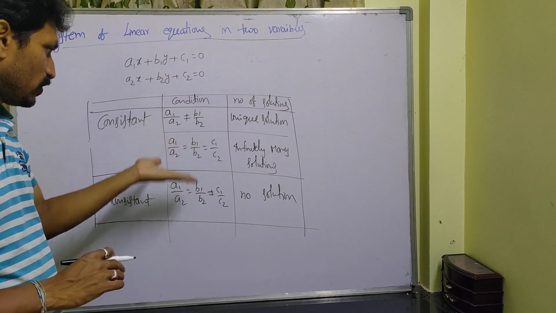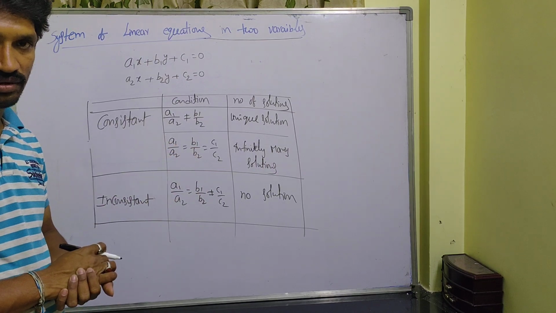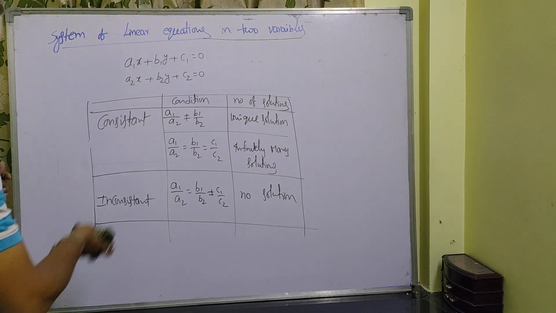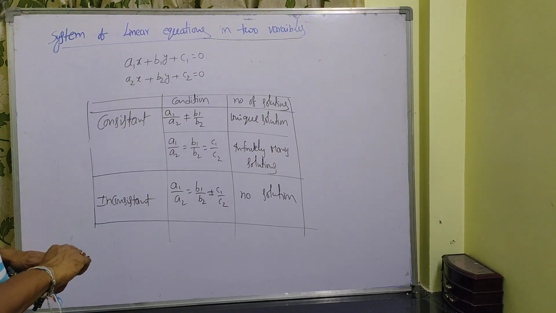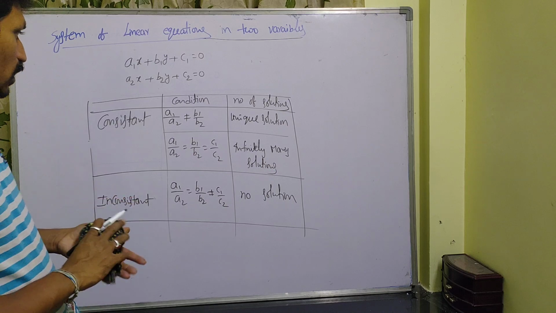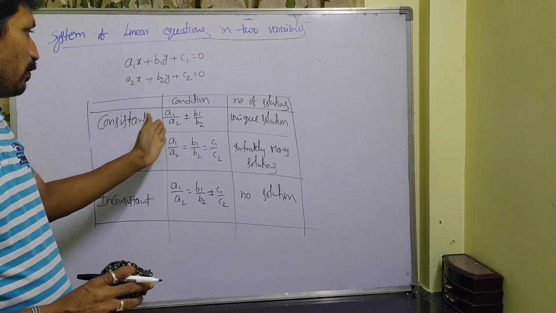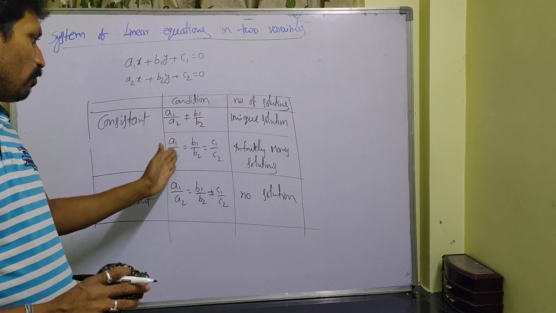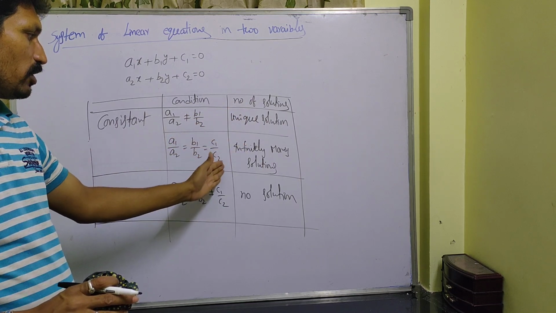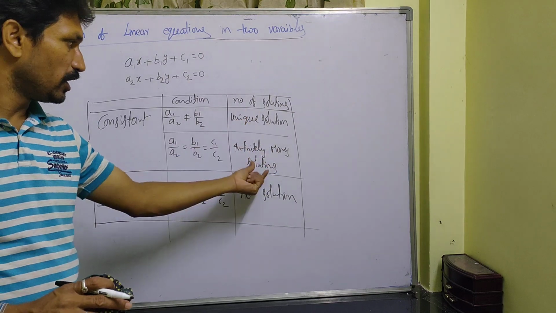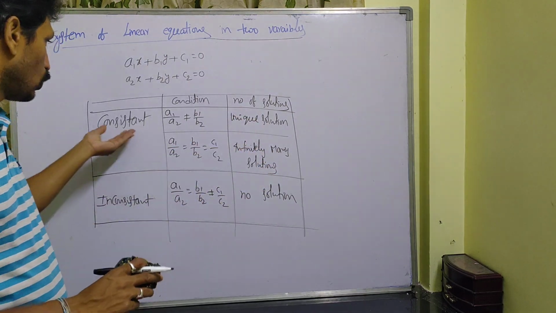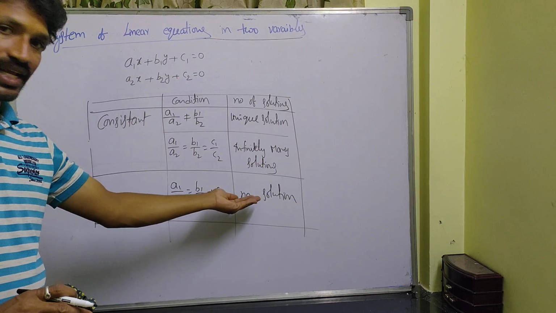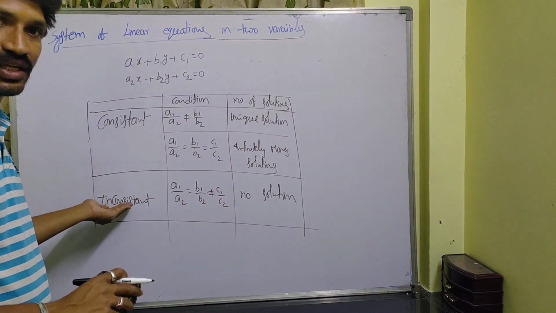Based on the same procedure, they are asking one question. Consistent means a1/a2 not equal to b1/b2, unique solution; a1/a2 = b1/b2 = c1/c2, infinitely many solutions. In these two cases it has solution, so it is consistent. In this case it doesn't have a solution, so it is inconsistent.